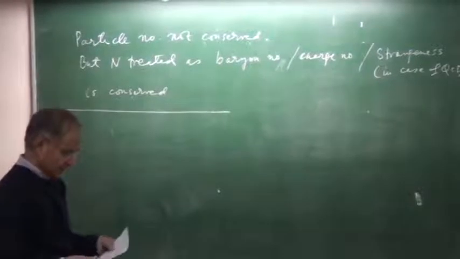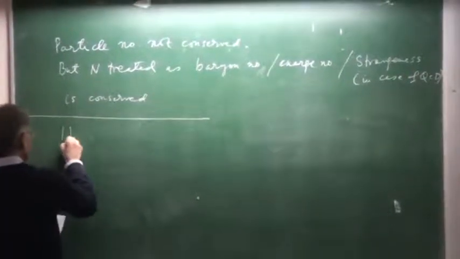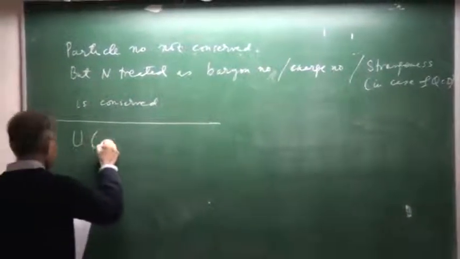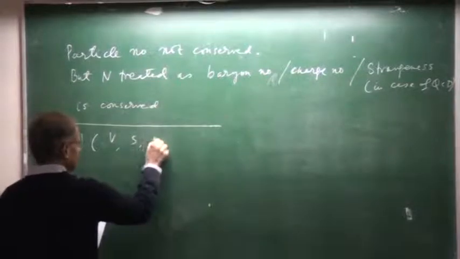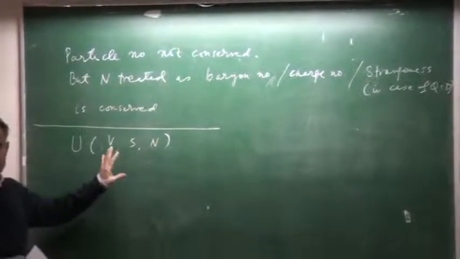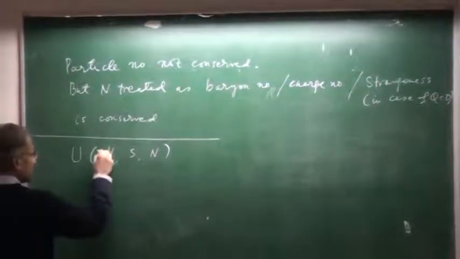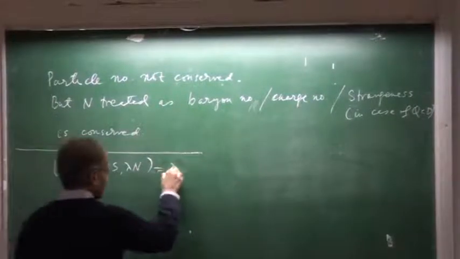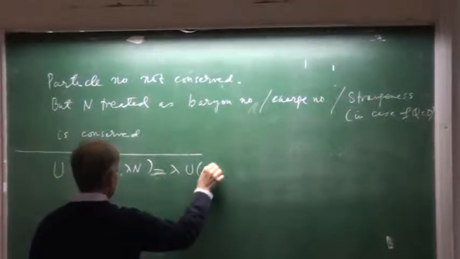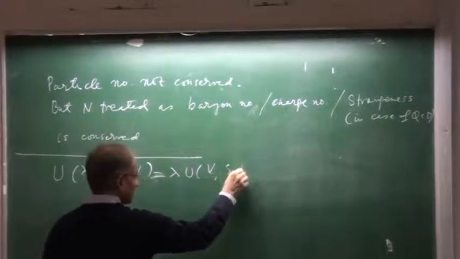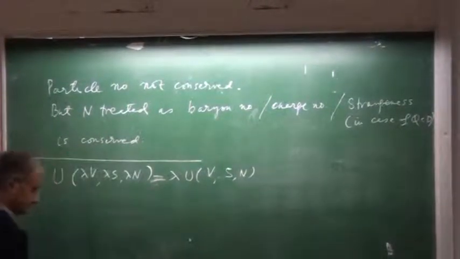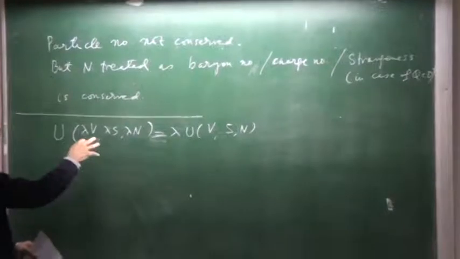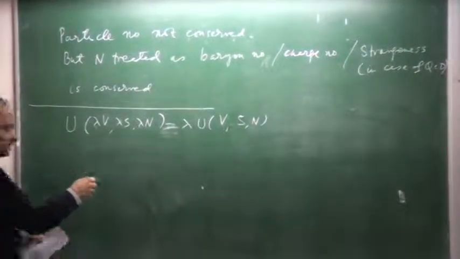Now again, this is something you know. U, the internal energy, is a function of V, S and N. It's a homogeneous function of these variables, of degree 1, so if you multiply by lambda, you get lambda times U. And if you differentiate with respect to lambda and put lambda equal to 1, you get this relation.